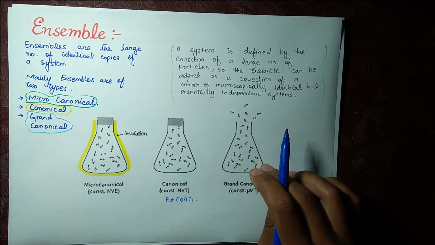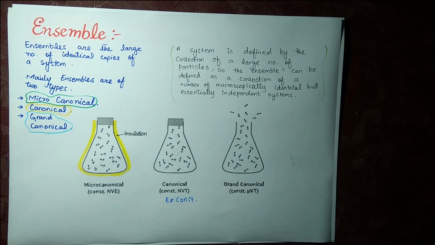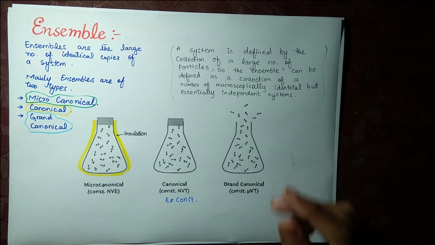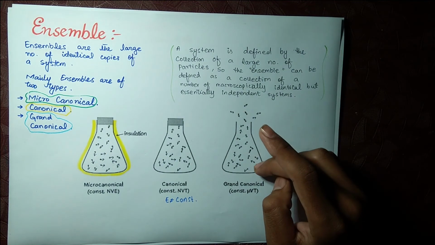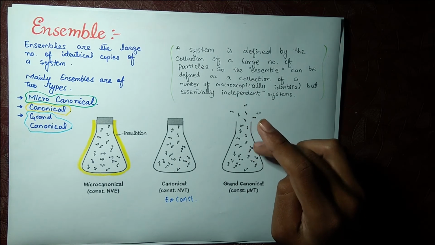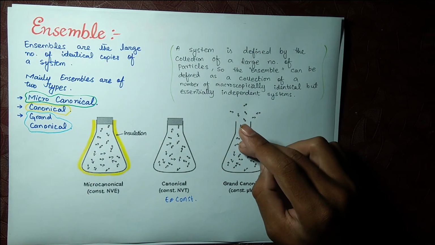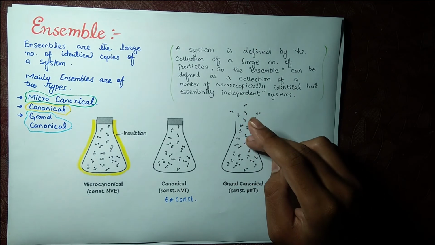As you see in the grand canonical ensemble, we've opened our flask. When we open it, our number of particles can move in and out. We can put more particles in from here, or our particles can leave the system.